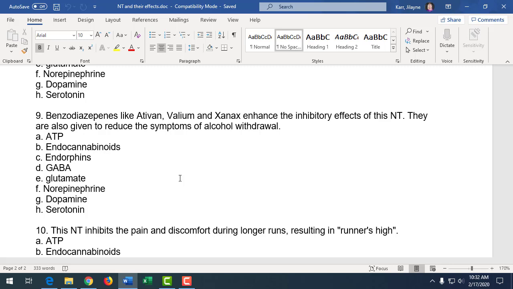I have to look myself, I forgot. And by the way, these are on page 421 and 422 of your textbook. Oh, where are they? Caffeine. Oh, adenosine was caffeine, sorry. Where is that?